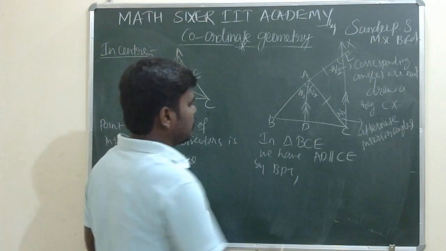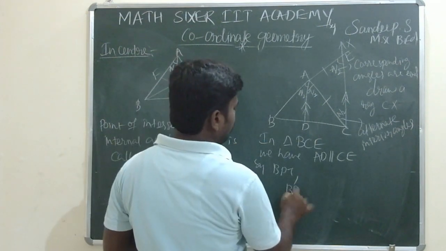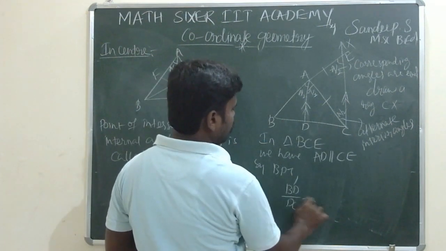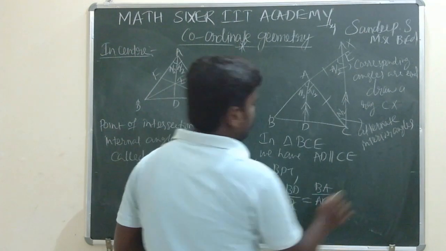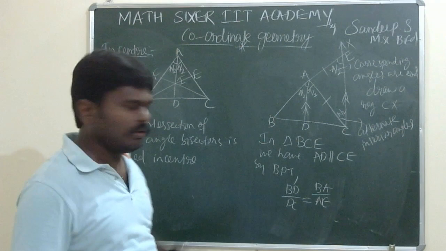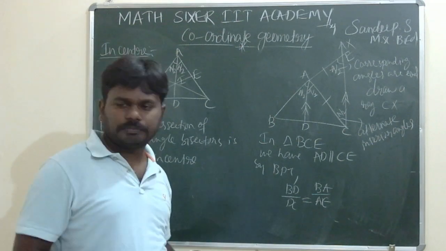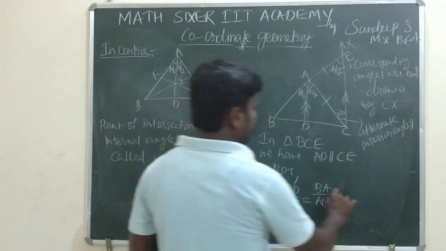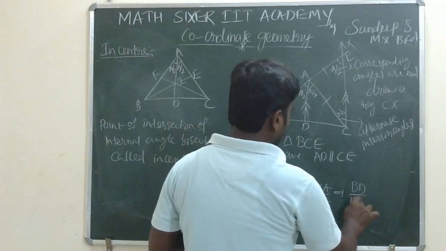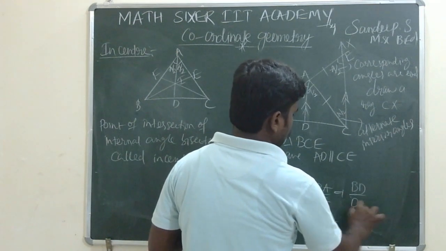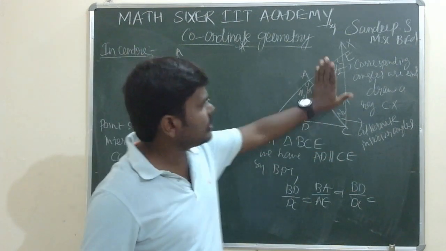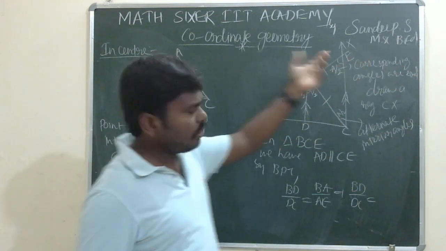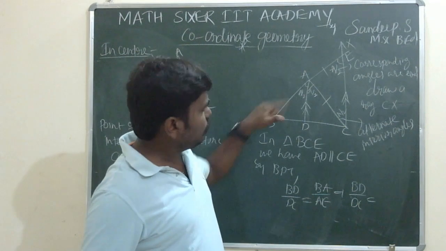That means BD by BC is equal to BA by AE. This is from the BPT theorem. Now what we actually have is BD by DC. Initially we considered only triangle ABC, and this is our construction, so we have to do these operations within triangle ABC.